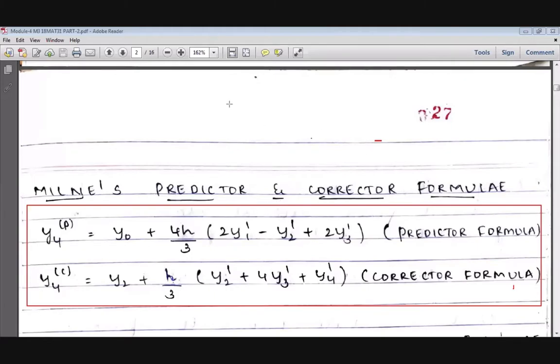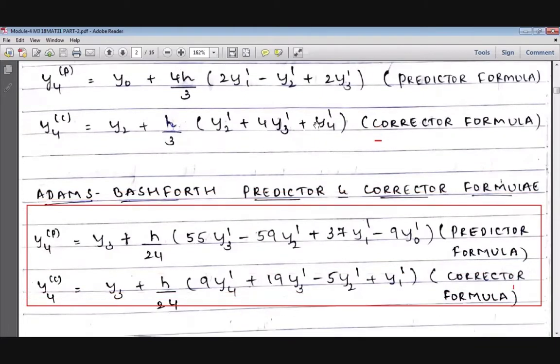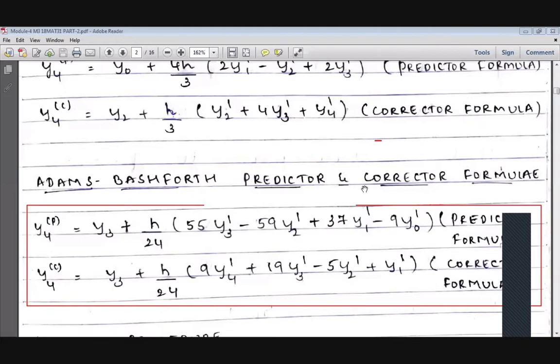Okay, written down the formula. Next, similarly, write the Adams-Bashforth formula.